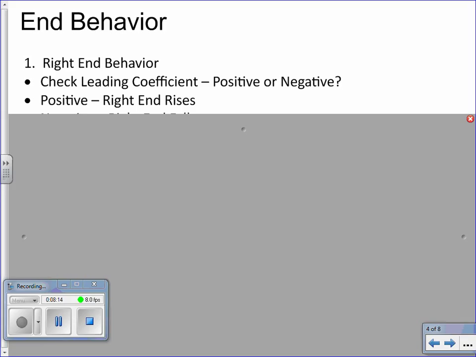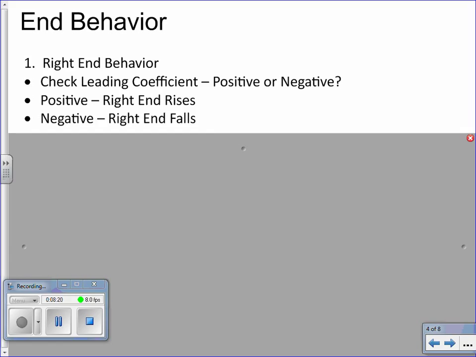If the leading coefficient is negative, the right end falls. So the leading coefficient only tells me information about right side end behavior. Rise or fall.